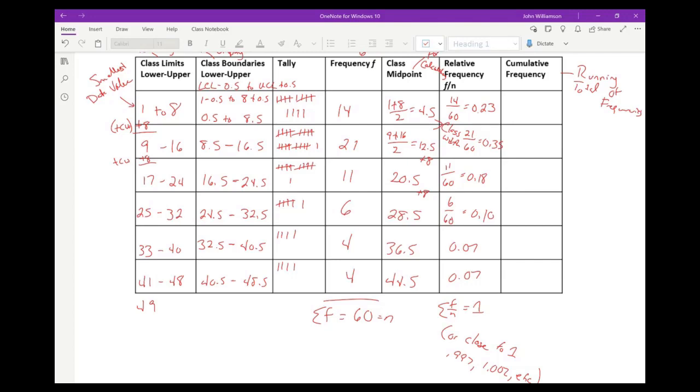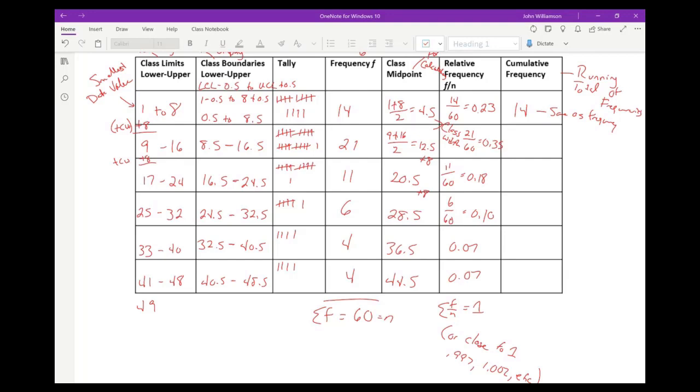So it's always going to be the sum of the frequency that you're on for that class and every single class above it. So your first class is really easy. It's always just going to be the same as the frequency, because there are no other rows to add to it, right?